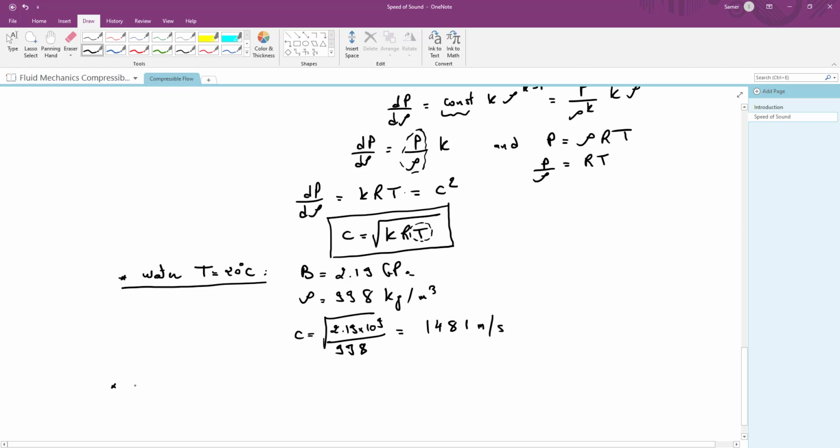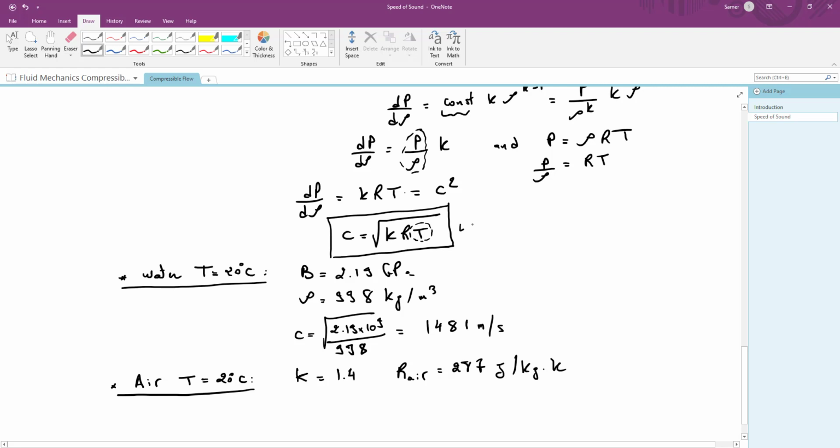Now, let's compare it with air at the same temperature, 20 degrees Celsius. For air, the specific heat capacity ratio k is 1.4, and the gas constant for air is 287 joule per kilogram Kelvin.